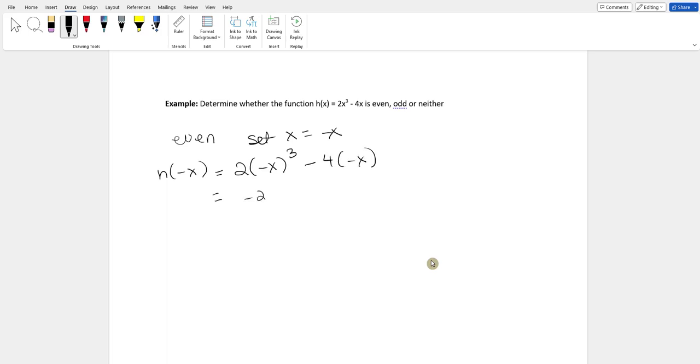When we simplify this, we get negative 2x cubed plus 4x. In order for this to be an even function, h of negative x has to be equal to our original function of h of x. As you can see, this is not equal to this. So this is not an even function.